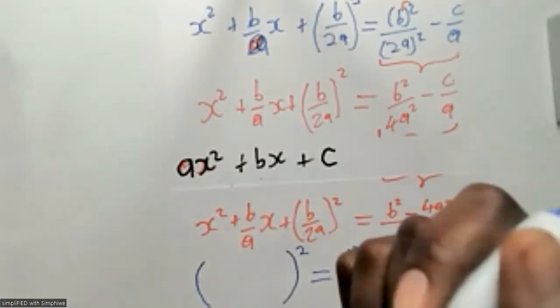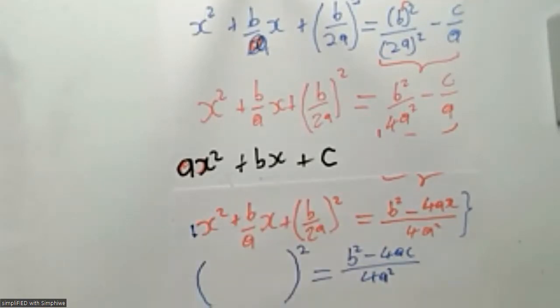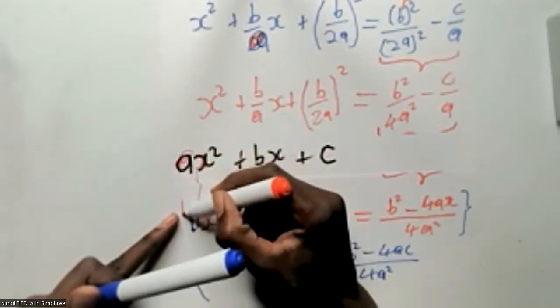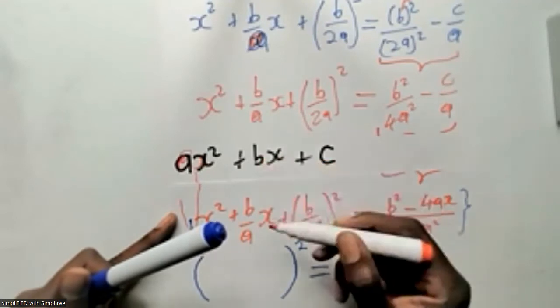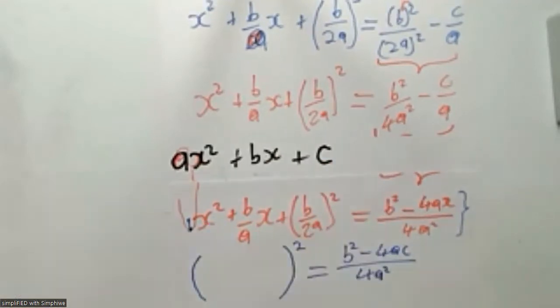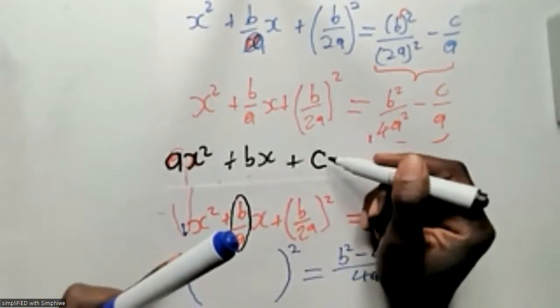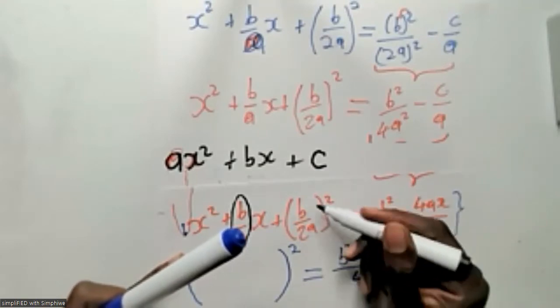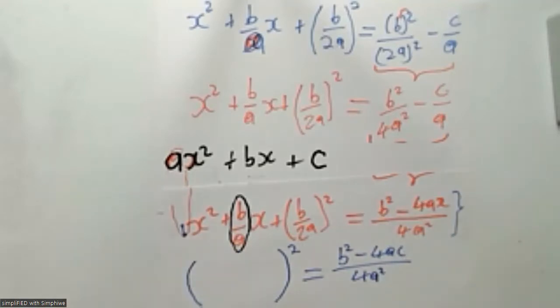We have an invisible 1. So the number attached to a, this is it. And the number attached to x is b. Here in this case, our b is the entire this part. And then we have c. Our c here is going to be the b over 2a squared, like that.